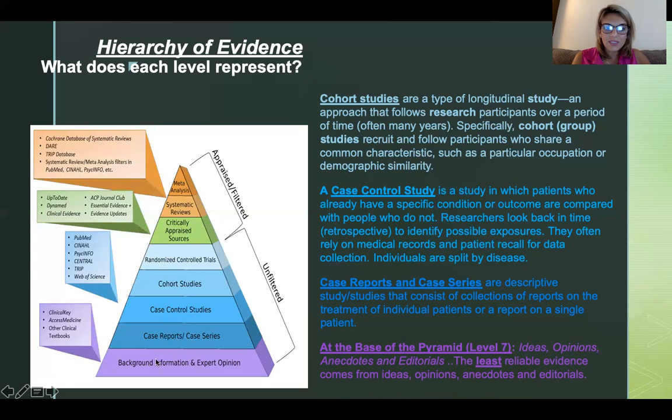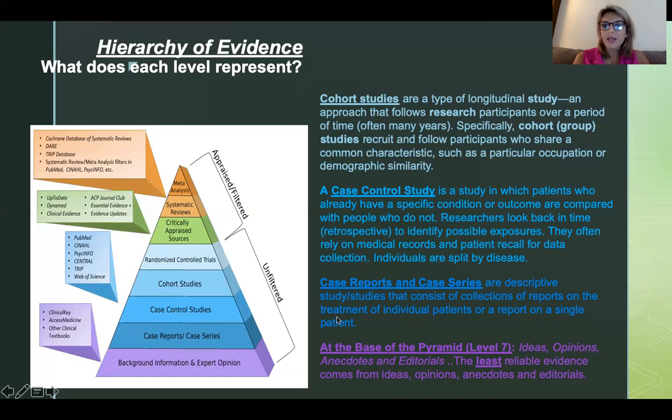So then we have, of course, at the base of the pyramid, level 7, which is the lowest level. This is considered background information or expert opinions. These could be ideas, anecdotes, or editorials. And again, this is the least reliable evidence, which comes from ideas, opinions, and just random people's opinions that they write about, whatever the topic is.